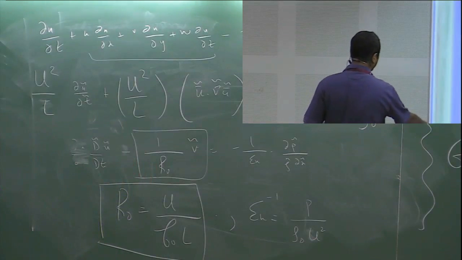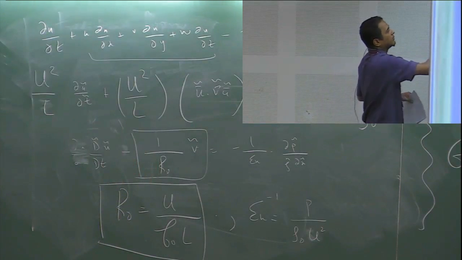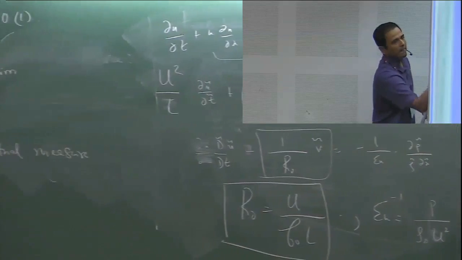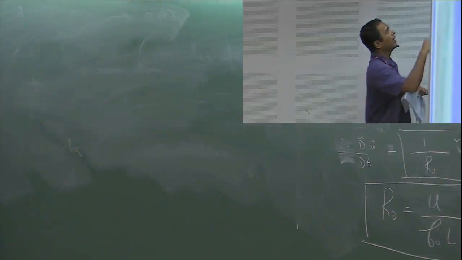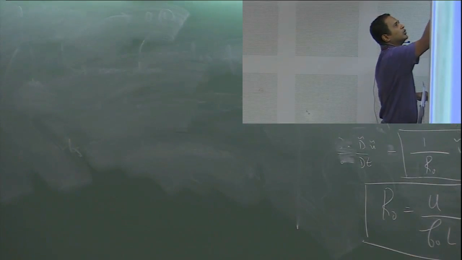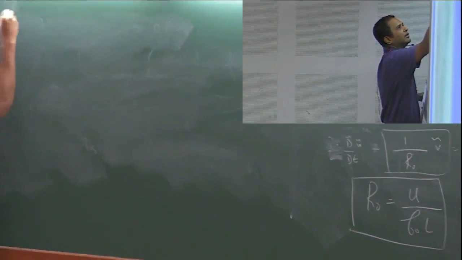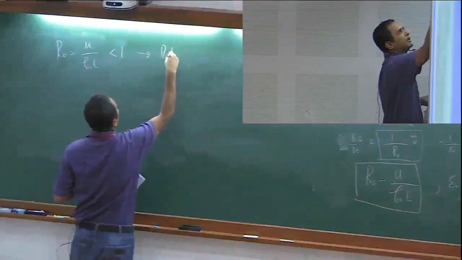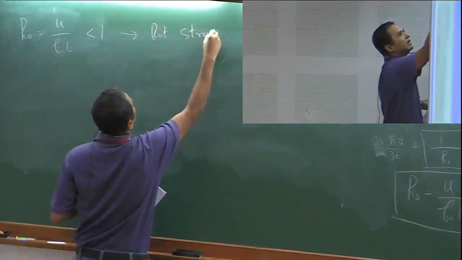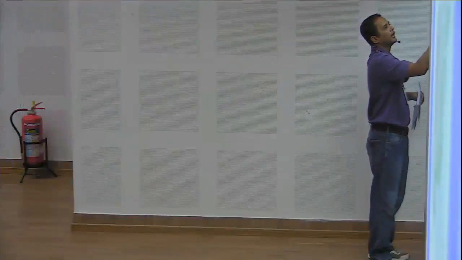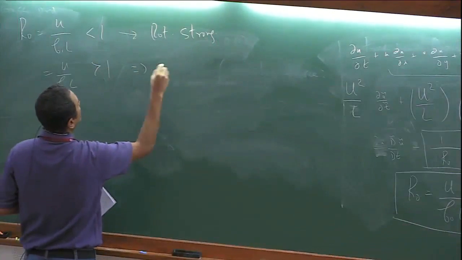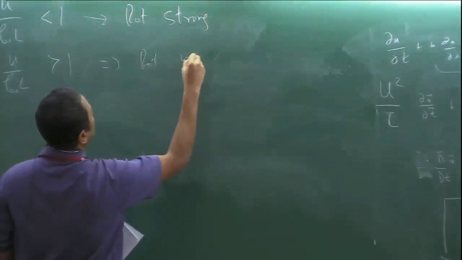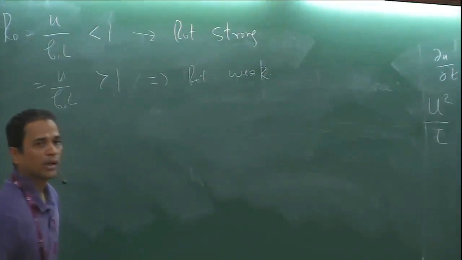So rotation is strong when, let me write it here. So when rotation is strong, you have Rossby equal to U by f naught L. If this is less than 1, you expect rotation to be strong. And when Rossby is greater than 1, you expect the rotation to be weak, right?